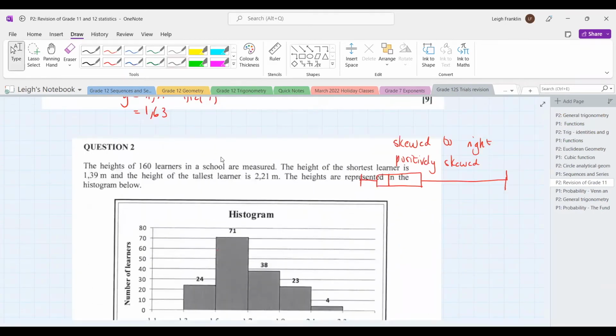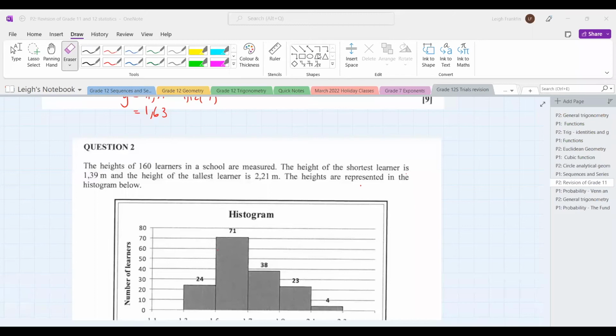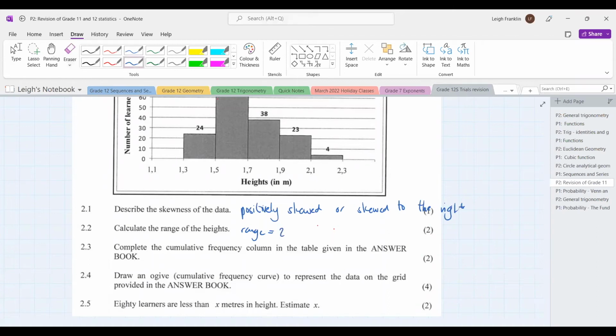How tall is the tallest person? It's given to us, 2,21. That's it. Okay, 2,21.